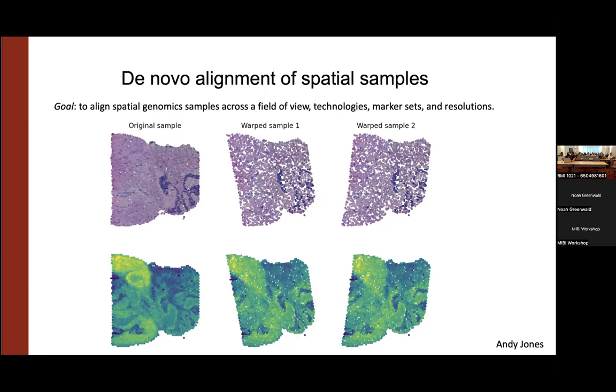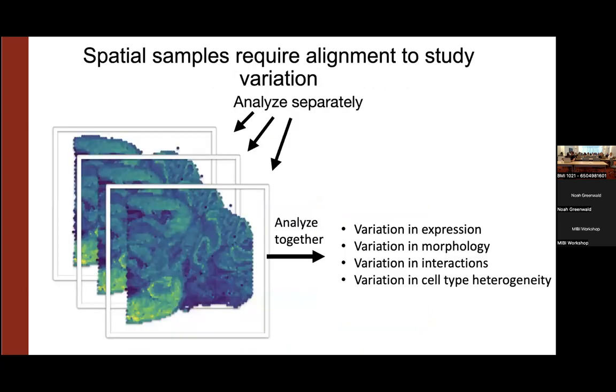Because in order to be able to actually think about variation, you'd like to have a similar coordinate system. Let me say this slightly differently. Spatial samples, in order to understand variation, require an identical coordinate system. Unaligned samples, when you analyze them separately, you can't get variation. You don't know at a specific location anything about variation, right?